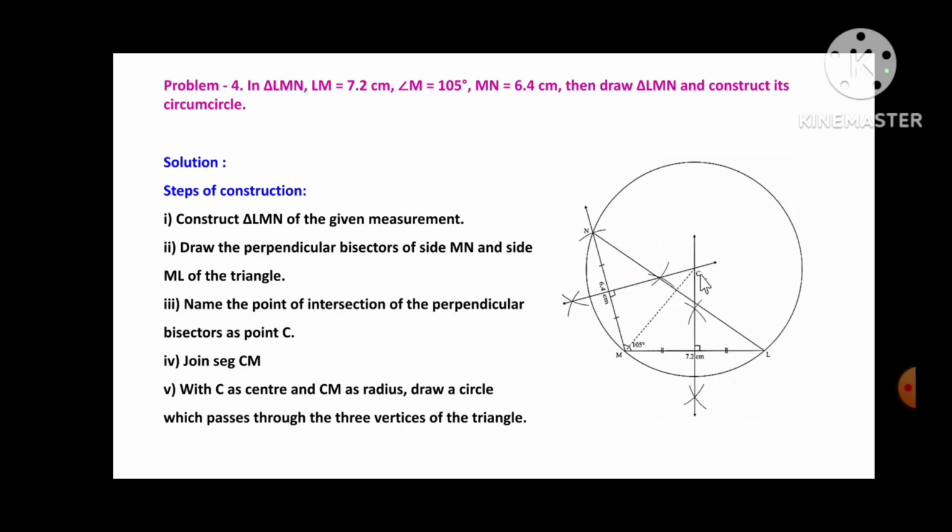These two meet in the exterior region of the triangle, outside the triangle. Let the intersecting point be C. Now join C and M, the dotted line shown. With CM as the radius, draw a circle which passes through the three vertices of the given triangle LMN, indicating that it is the circumcircle of the triangle.